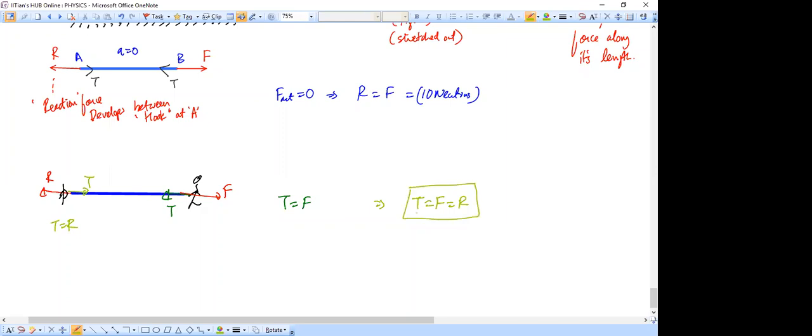So this T is the tension force that develops along the length of the string or the rope.